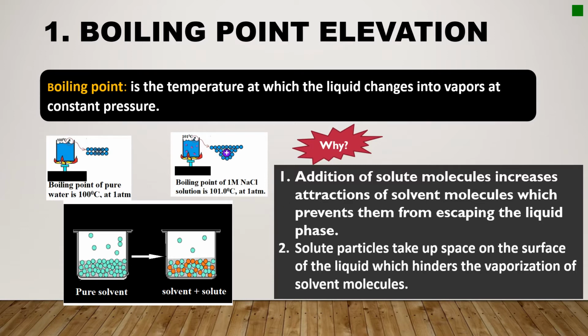Another reason is that when the solute particles are added to a given solvent, they occupy a space on the surface of the liquid which hinders the vaporization of the solvent molecules. In all these reasons that I have given, you understand that the presence of the solute particles makes the boiling of a given liquid harder than it was before.